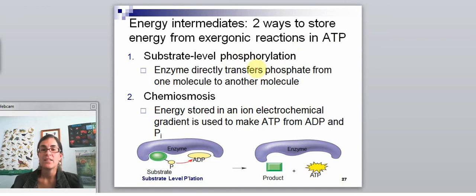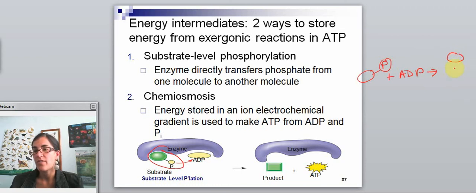In one way, it's called substrate-level phosphorylation. It starts with a molecule that has a phosphate on it. So let me put this up here to show you the chemical reaction differently. There's a phosphate here, and it's going to combine with ADP, and then it's going to produce the substrate without the phosphate, and ATP.